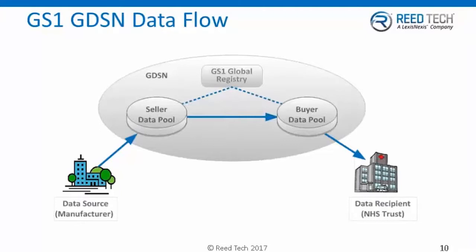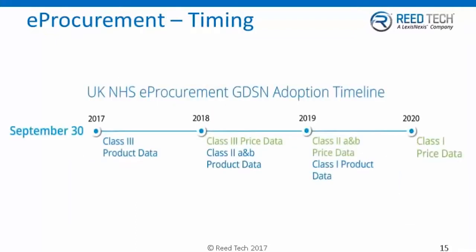Okay, thanks. John, next question for you. Can you advise if this new process is being adopted by all NHS England trusts, and what is the timeline of implementation? Yes, the process is being adopted by all the applicable trusts in England with the timeline that we see on the screen.